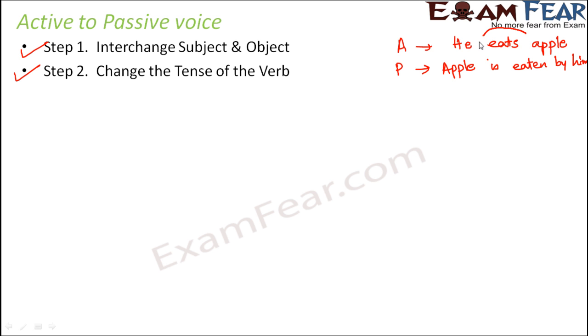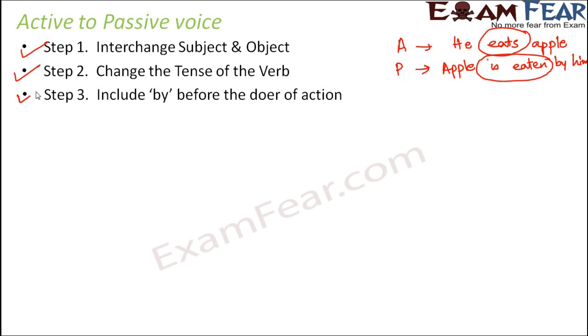Do you see the change in the form of the verb? In the active voice it is eats, but in the passive voice it is is eaten. So the tense of the verb has also changed. Your step 2 is to change the tense of the verb.